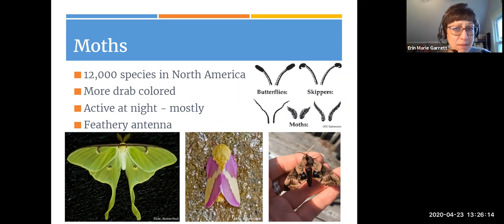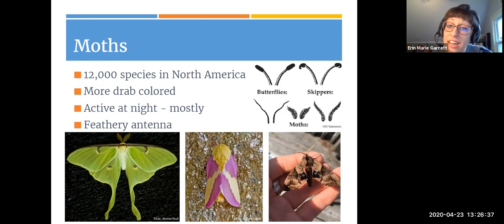There's many examples of moths that look pretty unremarkable, but we do have quite a few species that are pretty distinct. Again, people think that moths are active at night. I'm going to say mostly, but I've also seen lots of moths flying around during the day, so that's not necessarily very strict.